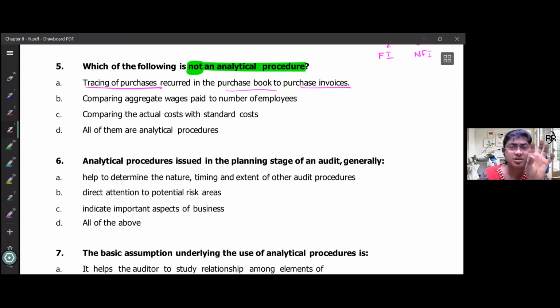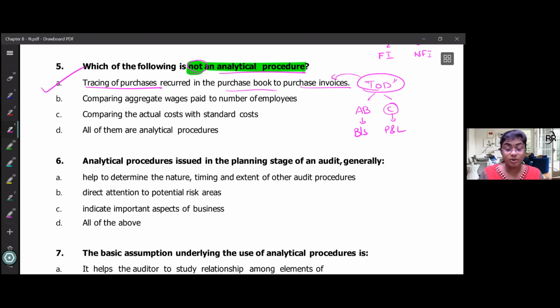This is checking purchases recorded with the respective invoices. This is test of detail, where you check the account balance, class of transaction. Class of transaction means P&L. Account balance means balance sheet. In class of transaction, it includes purchases. So this is TOD, it is not analytical.